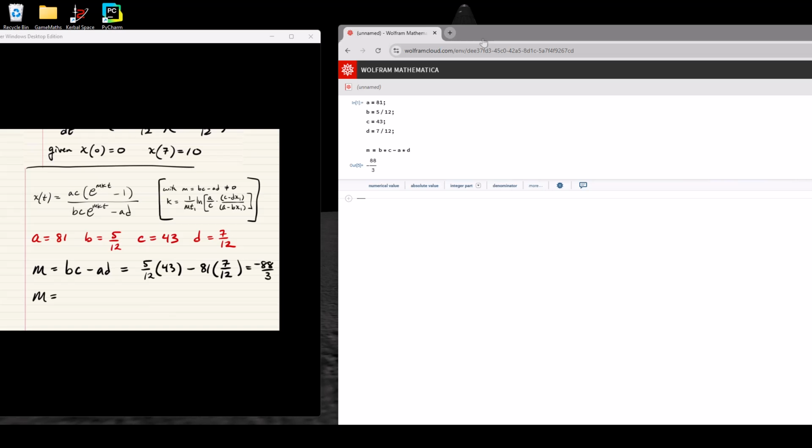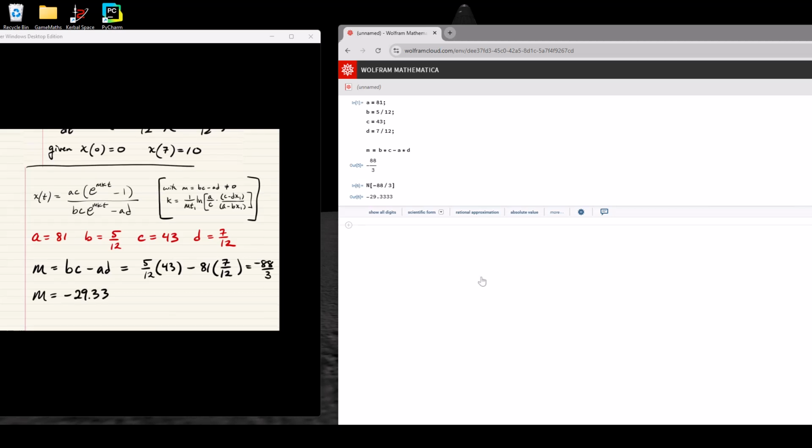But if we wanted a decimal value, you could just hit numerical value here, or I could just do n, negative 88 divided by 3. It's about negative 29.33.